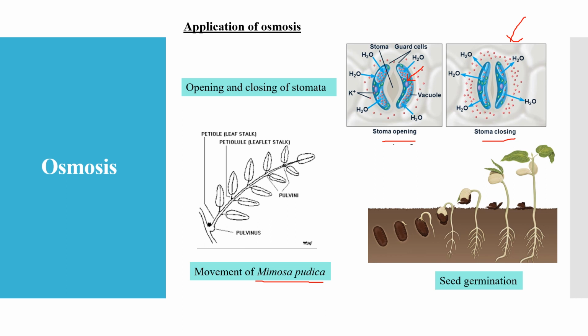Another application of osmosis is the movement of mimosa pudica, which is commonly called the touch-me-not plant, because when you touch the mimosa pudica, after some time you see the leaves show curling.